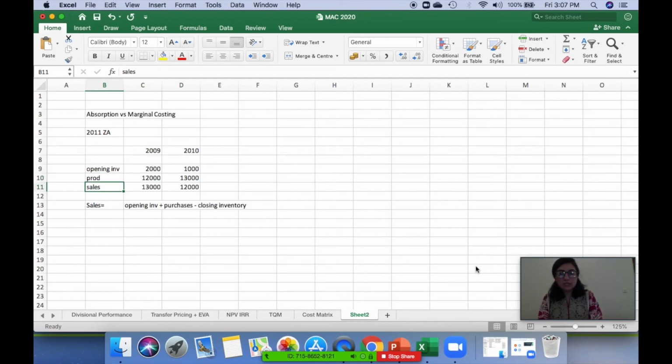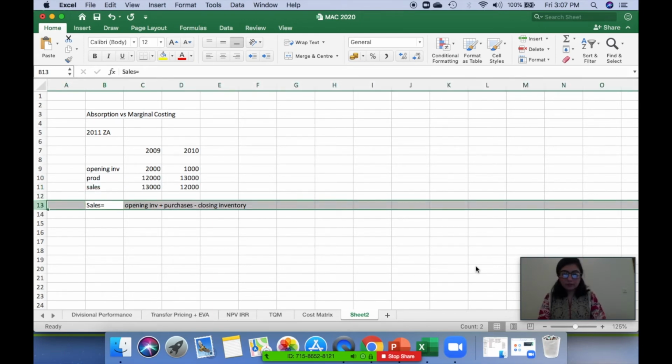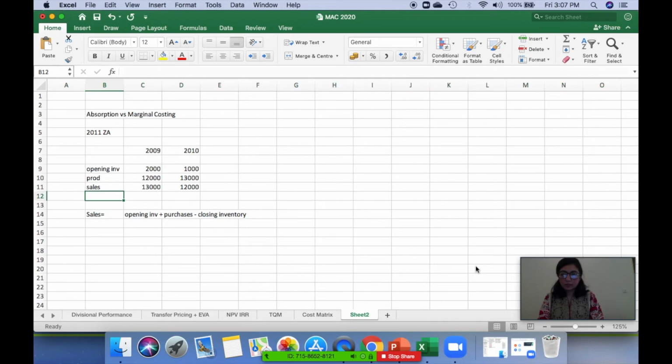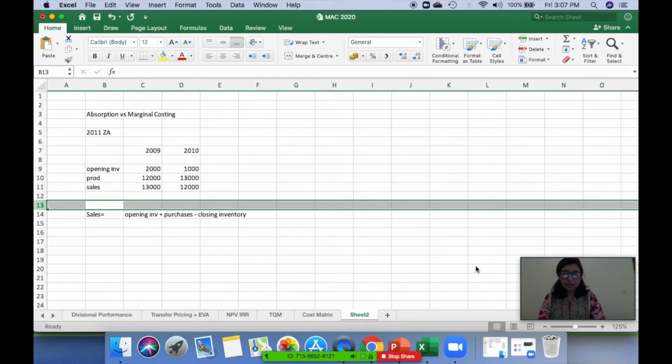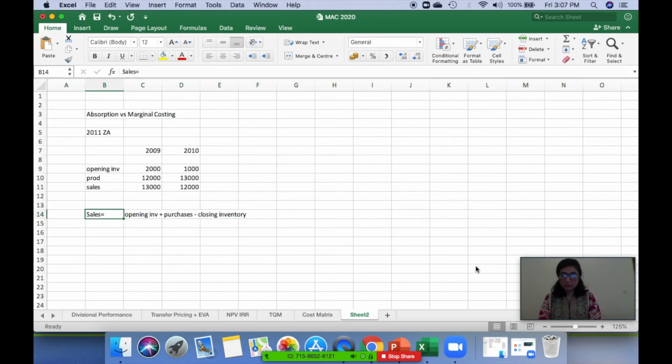So what is missing here is closing inventory. Using this formula, I'm going to create it here. What I did here was shift, space bar, and plus sign. This is a technique where you actually add a row in Excel, right?